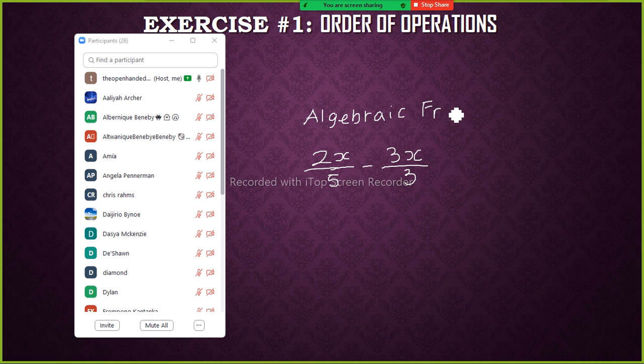The goal is to simplify these fractions, to combine them into one. So we're not trying to find x is equal to 5 or 2 or 10 or something like that. That's why you try to keep the denominators, not get rid of them.